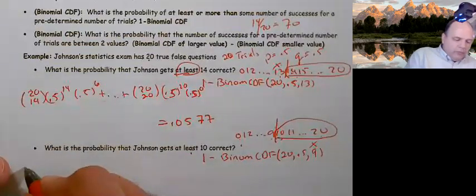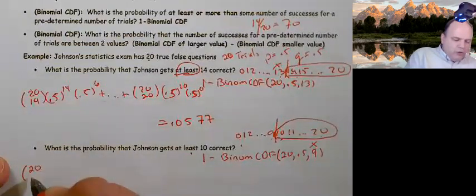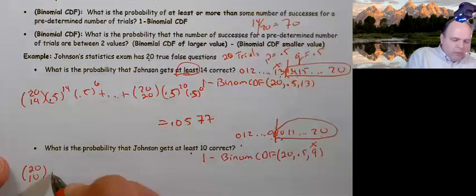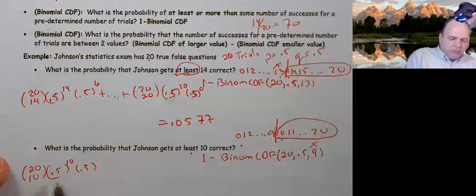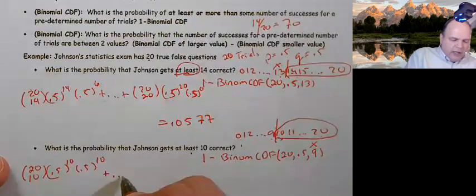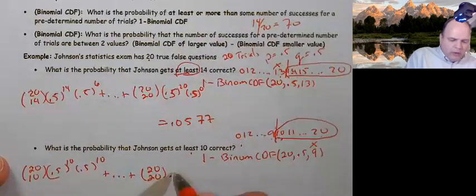So in this case, 20 choose 10, 0.5 to the 10th, 0.5 to the 20 minus 10, which is also 10, plus dot, dot, dot, plus 20 choose 20, 0.5 to the 20th, 0.5 to the 0.